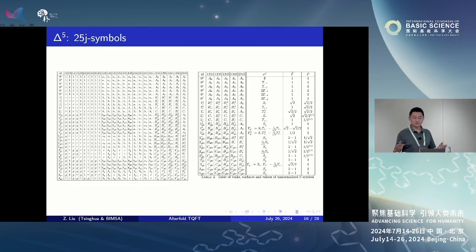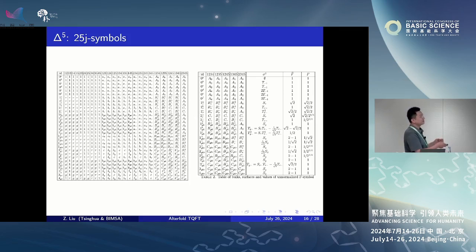That will be given by the value of the delta 5. Here we generalize the 6j symbol to the 25j symbols. There are really 25 labels. The top line will be the ID of the 25j, and we have those possible labels.